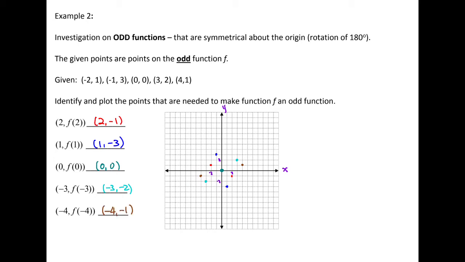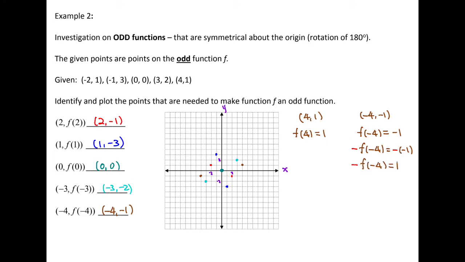Let's use the last point to develop the formula. So we have the point 4, 1, and the reflected point will be at -4 and -1. This means f of 4 equals 1, and f of -4 equals -1. As you can see, those two y values are not the same. One is positive, one is negative. So I'm going to multiply by -1 on both sides of the equation.